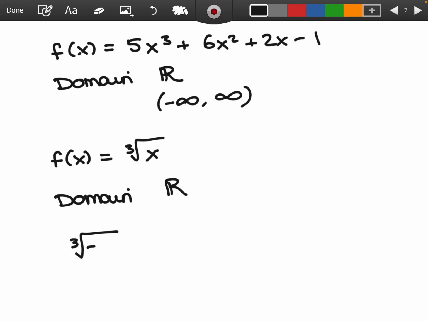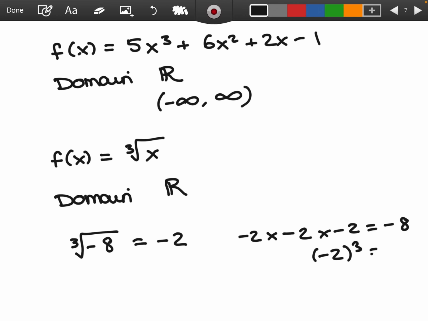That is because we can take the cube root of a negative. For example, if I took the cube root of -8, the cube root of -8 is -2, because if I do -2 times -2 times -2, I get -8.